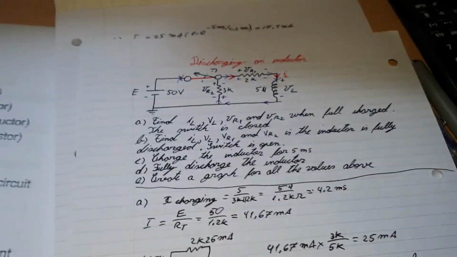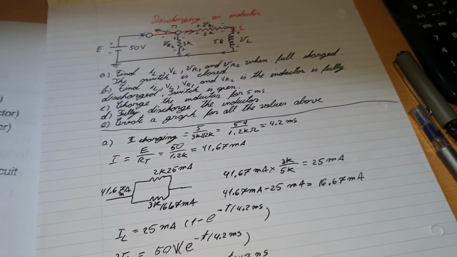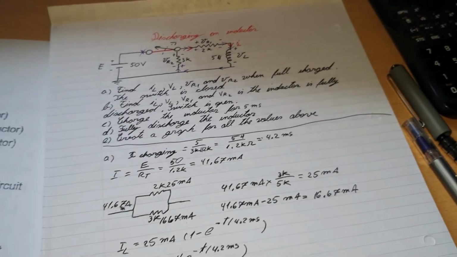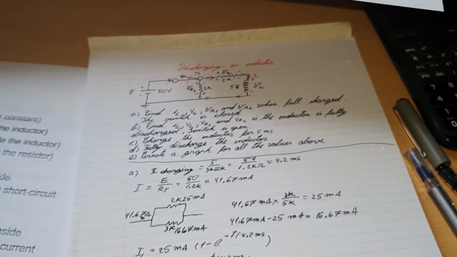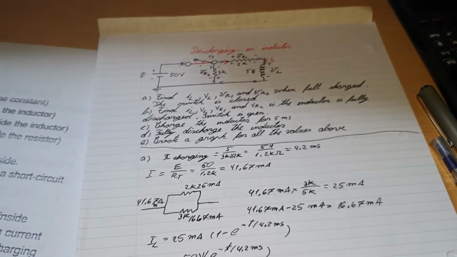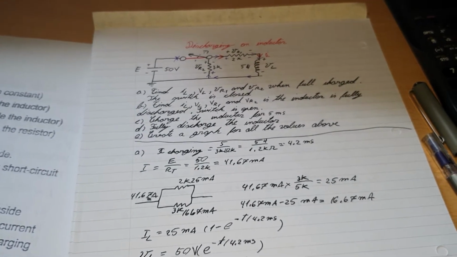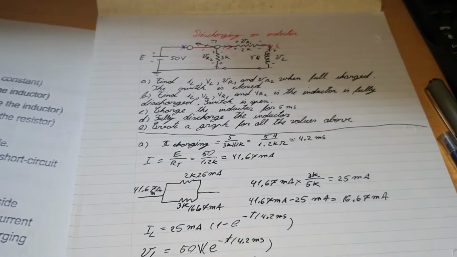There you go. This is the question that asks us to calculate the values when they are fully charged inside the inductor and when they are fully discharged. So now we covered the major points. We covered charging an inductor, we covered charging an inductor with initial charge inside of it, and now we covered charging and discharging of the same inductor.